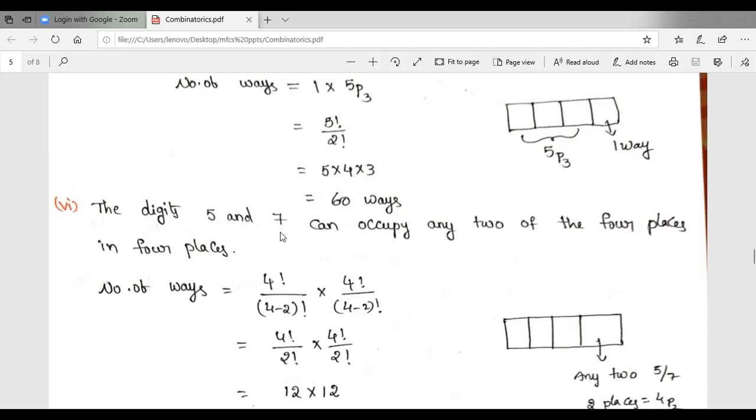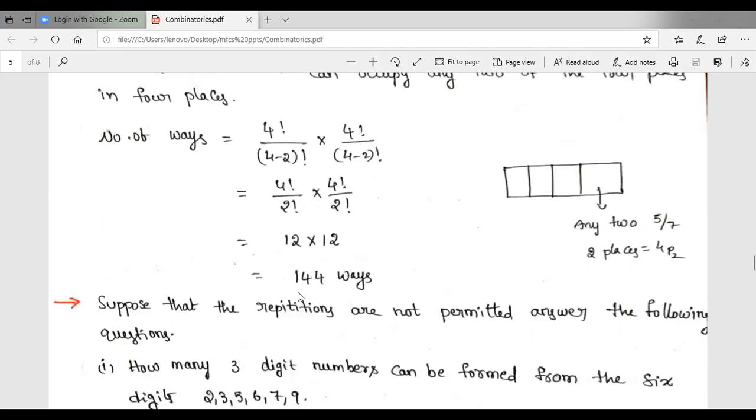So the formula is 4 factorial by 4 minus 2 factorial into 4 factorial by 4 minus 2 factorial. So the total numbers are 144. The required number is equal to 144.